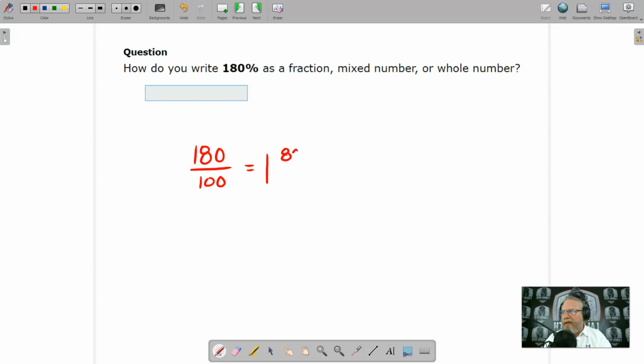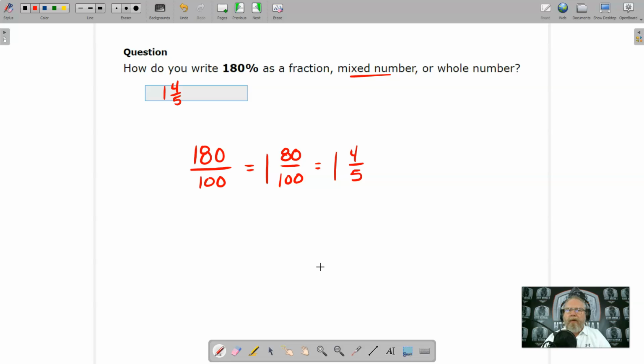The remainder is 80, and we still use that same denominator of 100. And 80 and 100 are both divisible by 20. So I think 20 is the best one. 80 divided by 20 is 4. 100 divided by 20 is 5. So 1 4/5. This indeed is a mixed number, so that works for us.